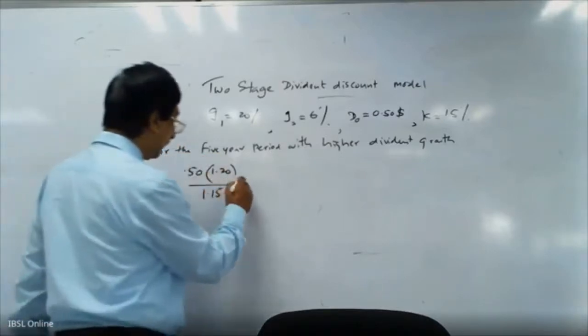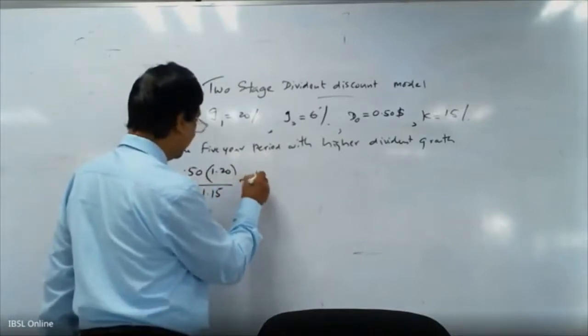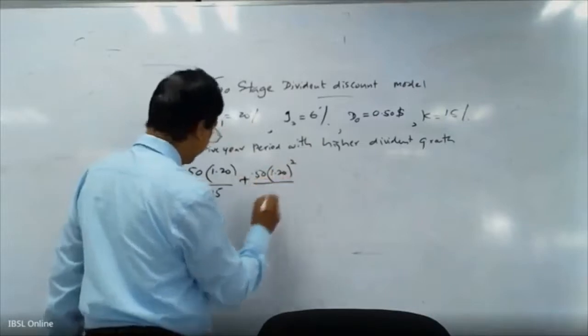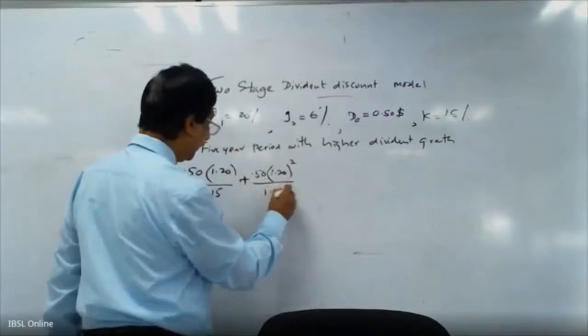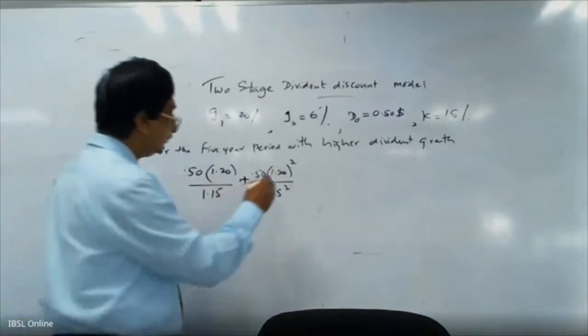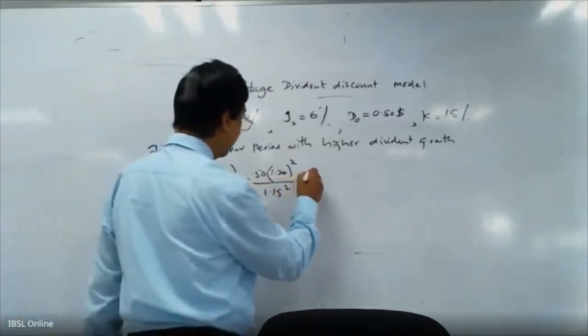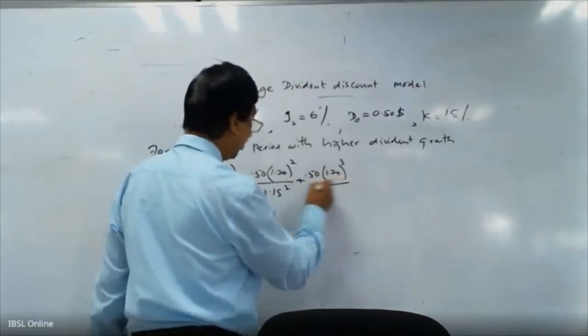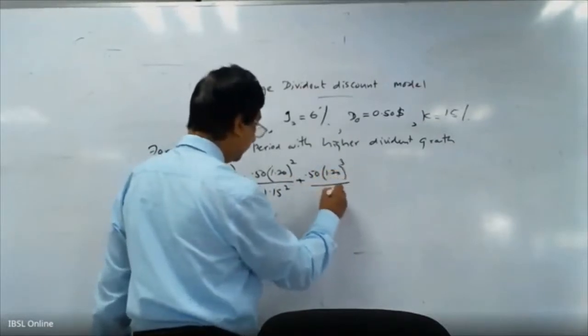Then you get the present value of year 2's dividend cash flow, that is 0.50 into 1.20 to the power 2 divided by 1.15 to the power 2. If you go for the third year, that is 0.50 into 1.20 to the power 3 divided by 1.15 to the power 3.